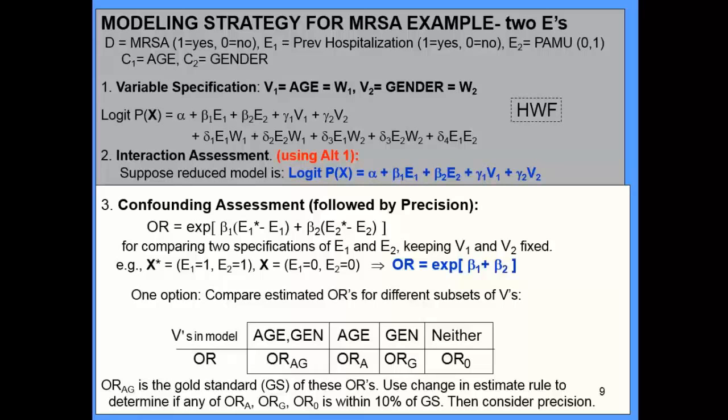So there's a number of different ways of doing it, but what if we specify, look at what I said here. Suppose we do the following. Suppose we decide to compare E1 equal to 1, E2 equal to 1 versus E1 equal to 0 and E2 equal to 0. What are we doing? What are we doing if we decide that's the key comparison we want to make?